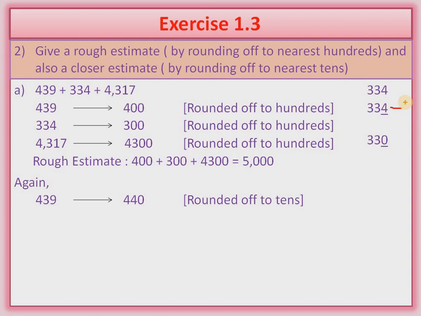It should be category 1. So what is its estimated value? The estimated value of 4 is equal to 0. So we will add 0. The answer is 330. Understood? So here 334 rounded off to tens is equal to 330. Okay. Now we will move on.